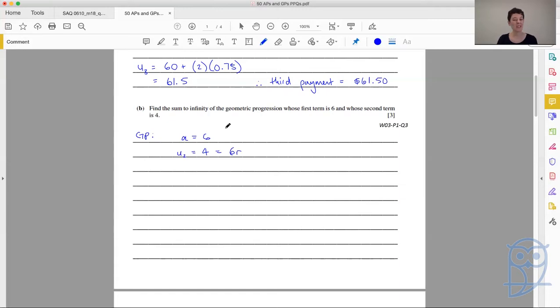For the sum to infinity, we need a over 1 minus r, and we can calculate r. So 4 equals 6r, r equals 2/3, and therefore the sum to infinity equals 6 over 1 minus 2/3. So we calculate 6 divided by 1/3, 6 times 3 gives us 18. The sum to infinity of this GP is 18.